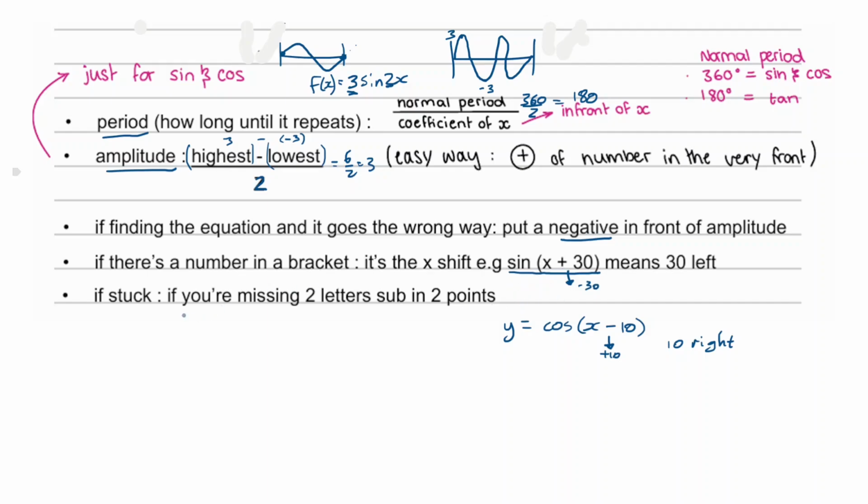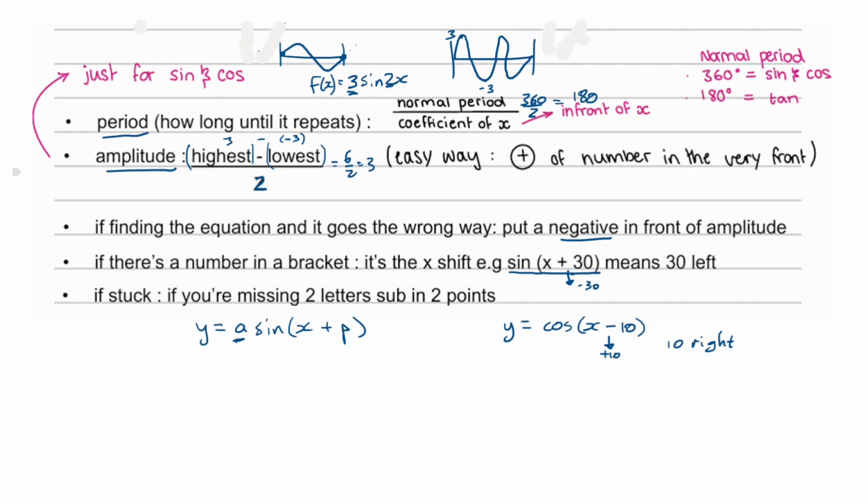And then if you're ever stuck, really stuck, and you're trying to work out 2 letters, then just sub in 2 points. Often these kind of questions you'll be missing 1 letter, and so you sub in 1 point. Or you can look and see, like I spoke about above, what the amplitude is. So you could put in the number there for amplitude, and then you'd be missing 1 letter, and you can sub in 1 point.